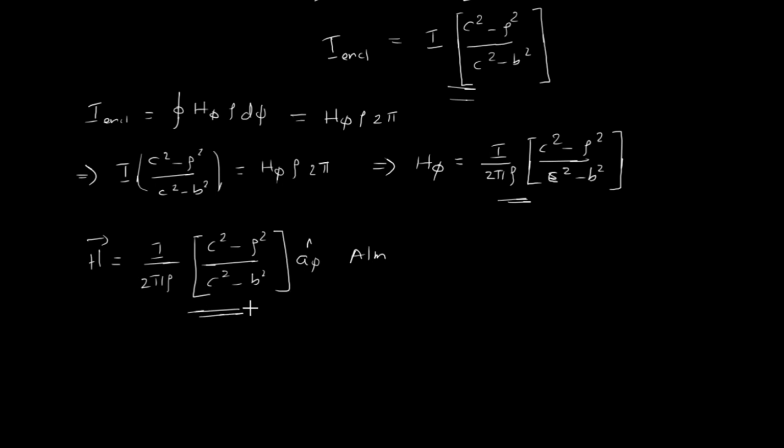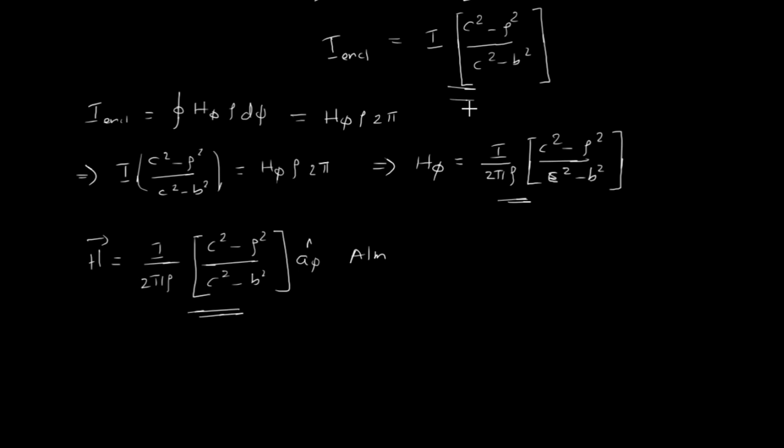So this is the third case. When you are considering the closed path within the outer conductor, it will enclose some portion of the outer conductor current and the entire inner conductor current. So the magnetic field intensity should be calculated using this mathematical expression.